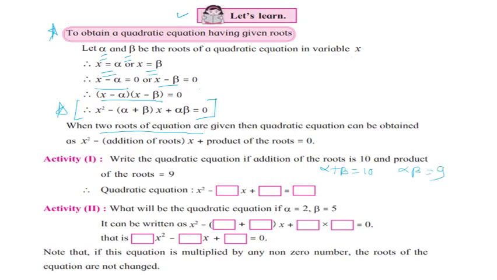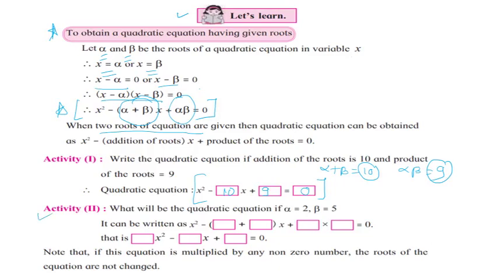Then the required quadratic equation is x square minus, alpha plus beta, the addition of two roots, that is 10, therefore 10x, plus the third term alpha into beta, which is 9, equals 0. This is the required quadratic equation. Now the second activity, try to solve.